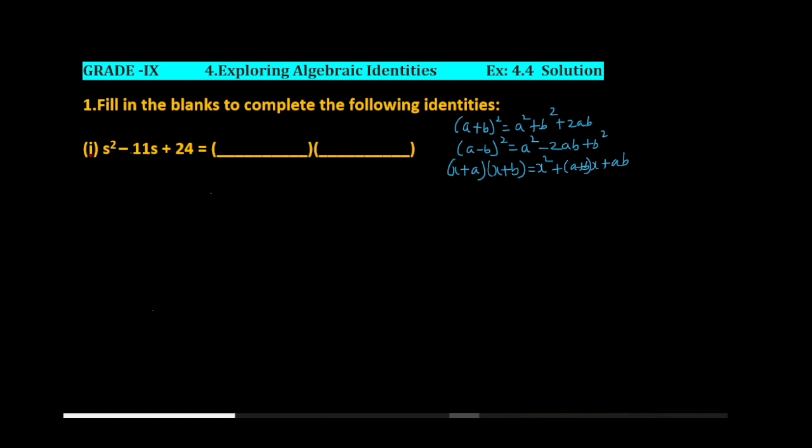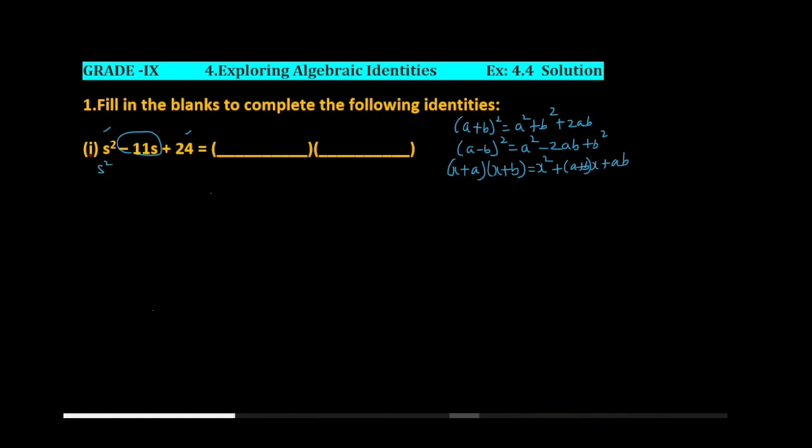Look at here, this is the square term and this is the last term. The middle term is minus 11x. So we cannot go with (a plus b) the whole square. We can go with (a minus b) the whole square, so let's check that one. Here we are having x squared.